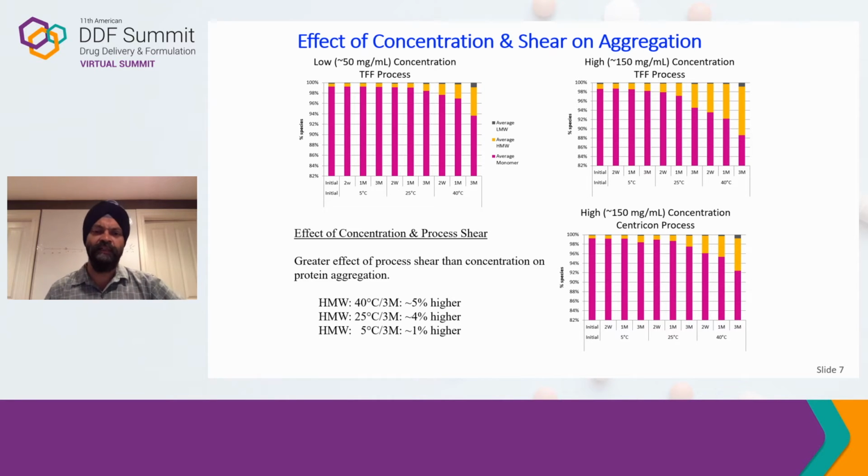On the other hand, the centricon process, the normal flow filtration process at 150 milligrams per ml, bottom right, shows those yellow bars, which are pretty nascent. They are not increasing as much as the TFF process on the top right. So here is the difference that comes in the high molecular weight species and also in the viscosity of the formulation, depending on how you prepare it.